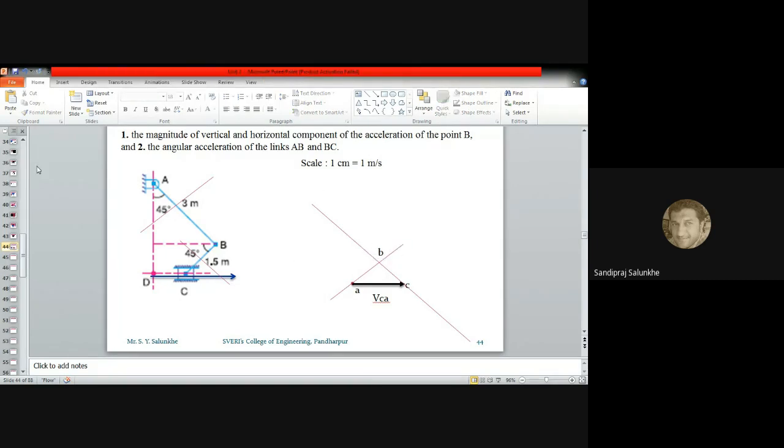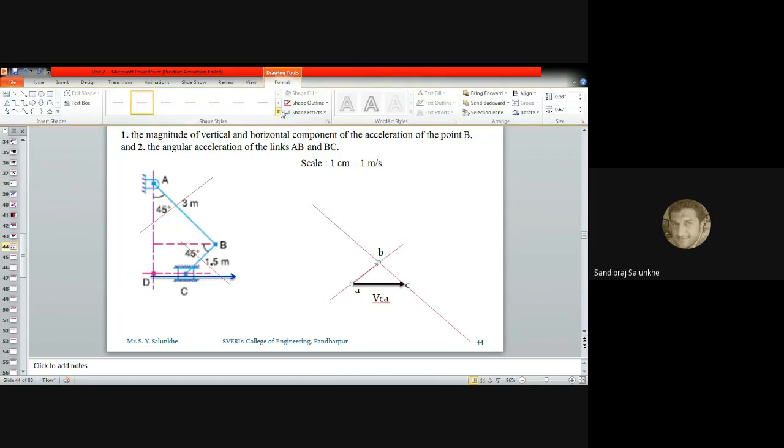So when we are going to have the vector which is starting from point A and reaching to point B, it is nothing but the velocity of B with respect to A. Whereas when we are going to draw a vector from C and reaching to B, it is nothing but the velocity of B with respect to C.